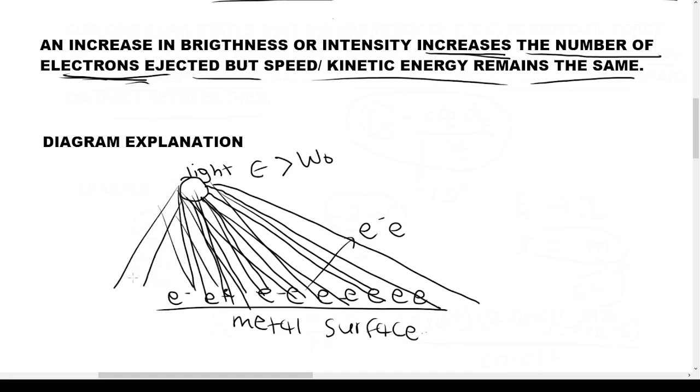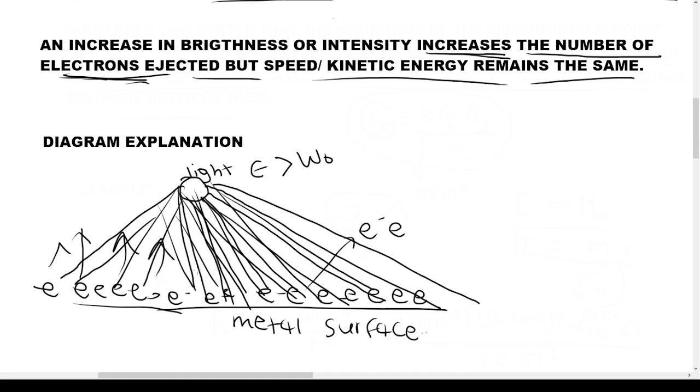Now there will be more rays hitting more electrons, such that more electrons become removed from the metal surface. So an increase in brightness causes an increase in the number of electrons ejected, but the speed is the same.